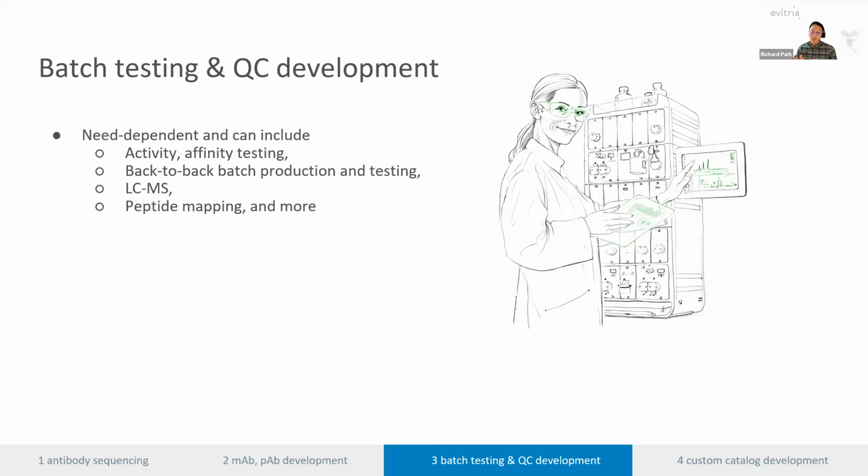And so this is relatively need dependent and can include anything from activity and affinity-based testing, back-to-back batch production and testing, additional LC-MS work, as well as peptide mapping and more. But again, very need dependent, and not all of our commercial partners currently even need this level. So it's really dependent on what your ultimate needs are and how you're approaching your market.